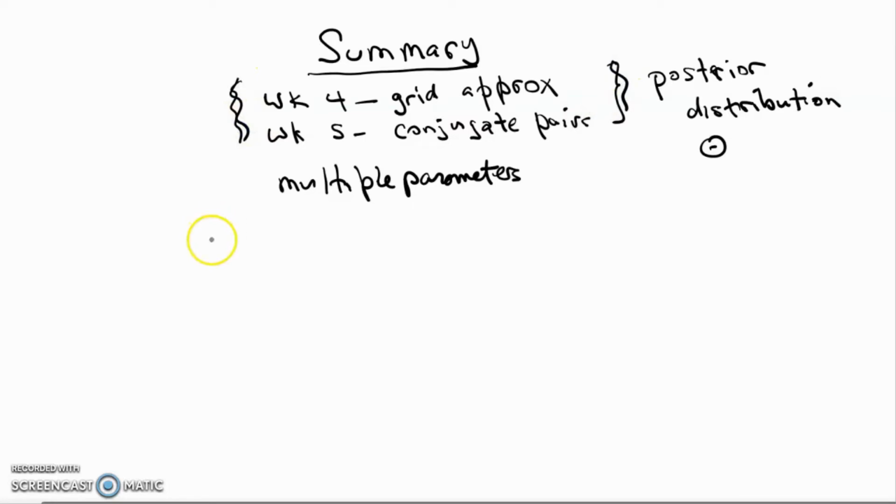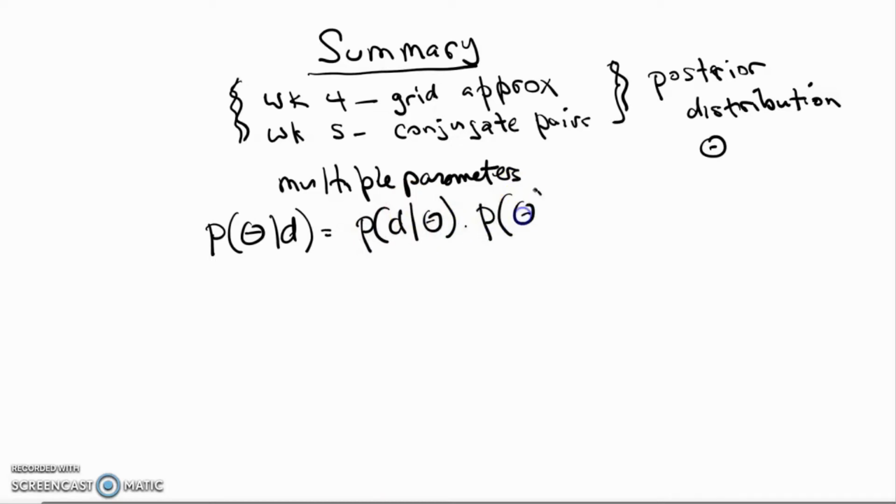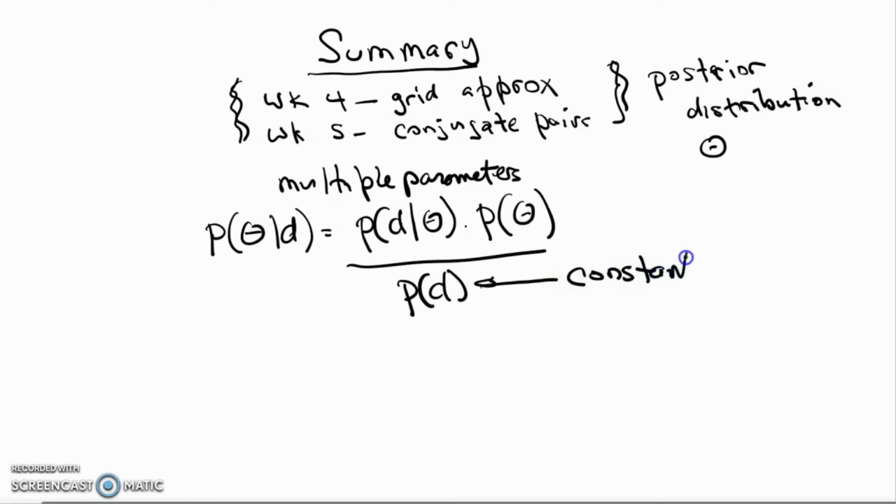And the basic problem we confront is, if we look at Bayes' theorem, the challenge comes in calculating the denominator. So how are we going to deal with that challenge? Well, the denominator is a constant.